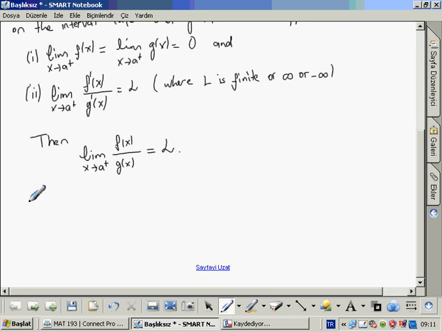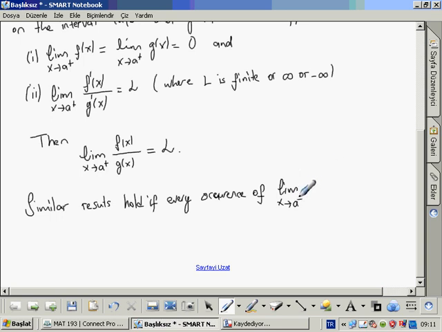And we can say similar results hold if every occurrence of the limit as x approaches a from the right hand side is replaced by the limit as x approaches b from the left hand side, or even the limit as x approaches c, where a is less than c is less than b.